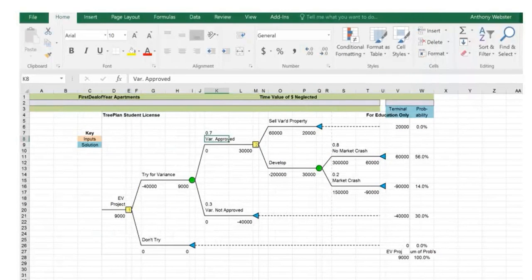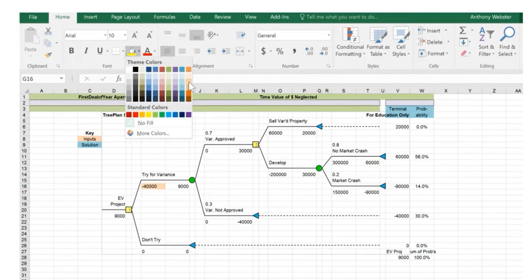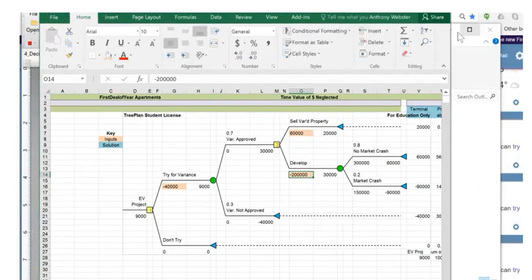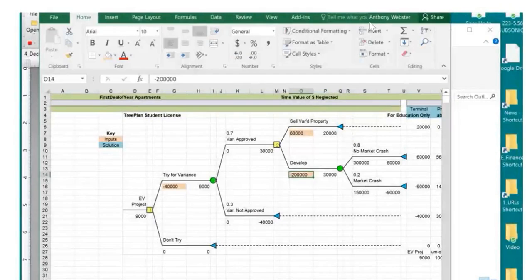Once again, I'm going to jump to Excel. I'll just type in the numbers directly here. So I want to go number by number here for our inputs. The 40 million we have to put in here to try for variance. That happens at t equals 0. So I'm not going to muck around with that, but clearly the sell or develop the variance property, I am going to have to change these guys.